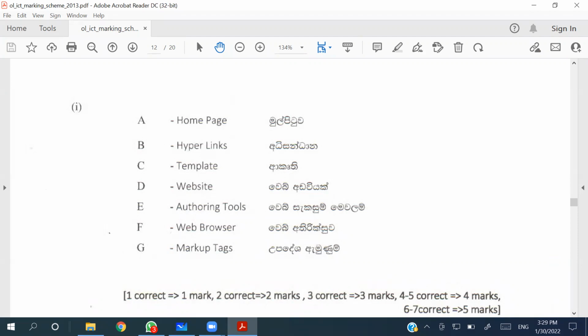So 1 correct, 1 mark. 2 correct, 2 marks. 3 correct, 3 marks. 4 or 5 correct, 4 marks. 6 or 7 correct, 5 marks. Okay.